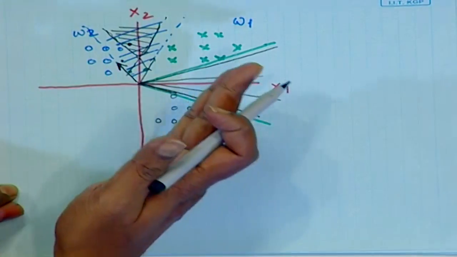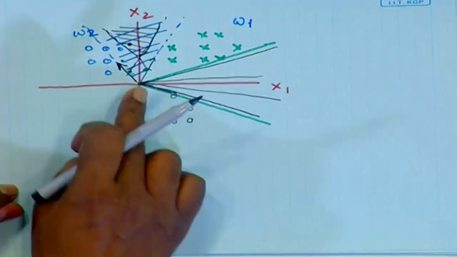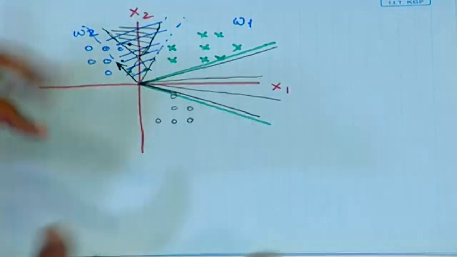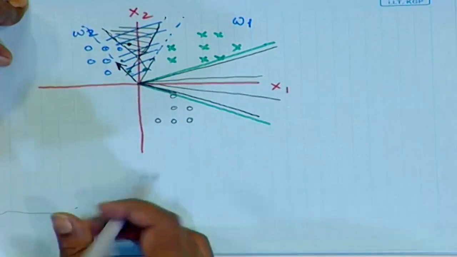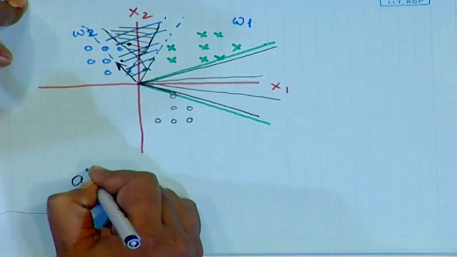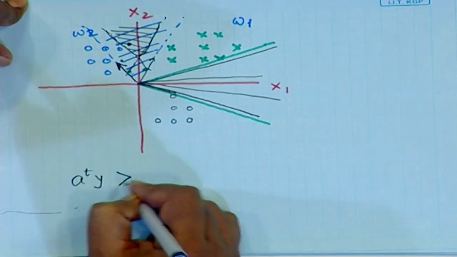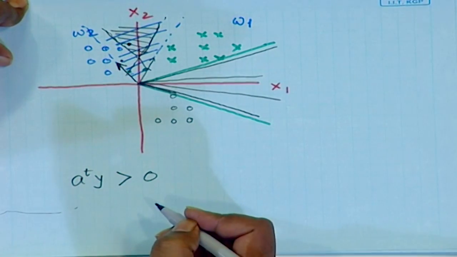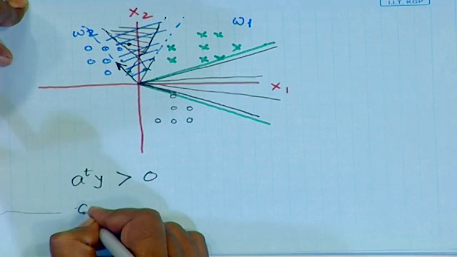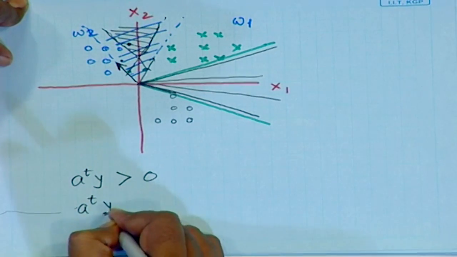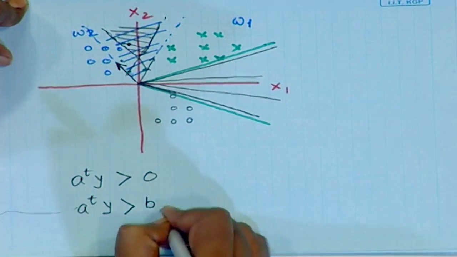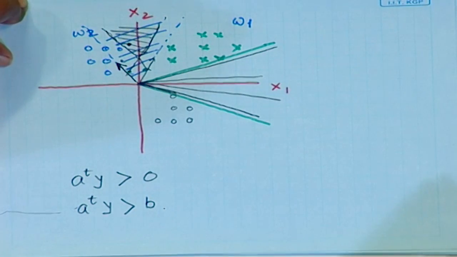So, effectively what it means is that these solution vectors or these decision regions, they are pushed inside, right. And how can I ensure that? I can ensure it not by my decision rule that A transpose y greater than 0. This will be ensured if I put some margin, that A transpose y is greater than some margin B, where B is a positive constant.